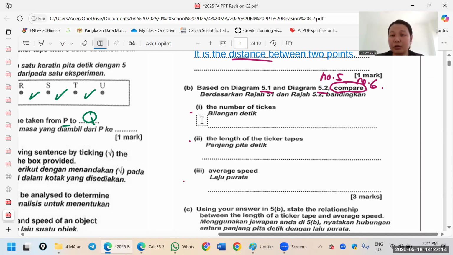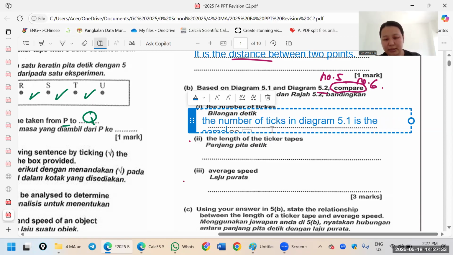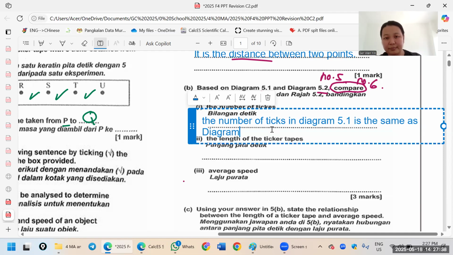So I encourage you to recopy that the number of ticks in diagram 5.1 is the same as diagram 5.2.